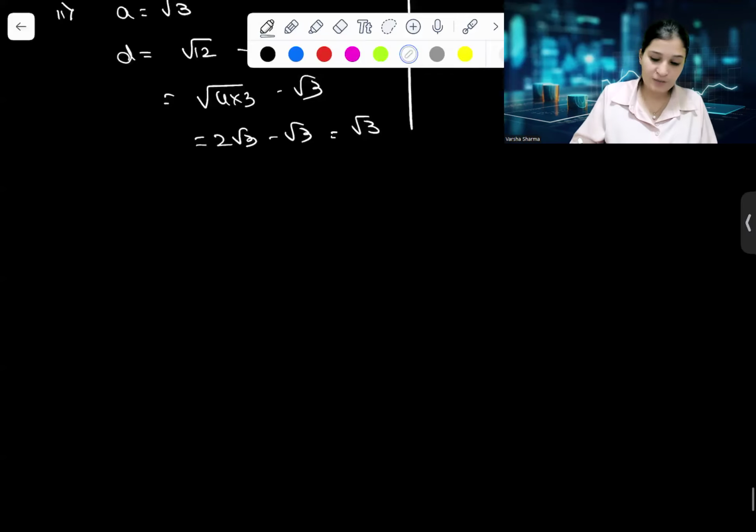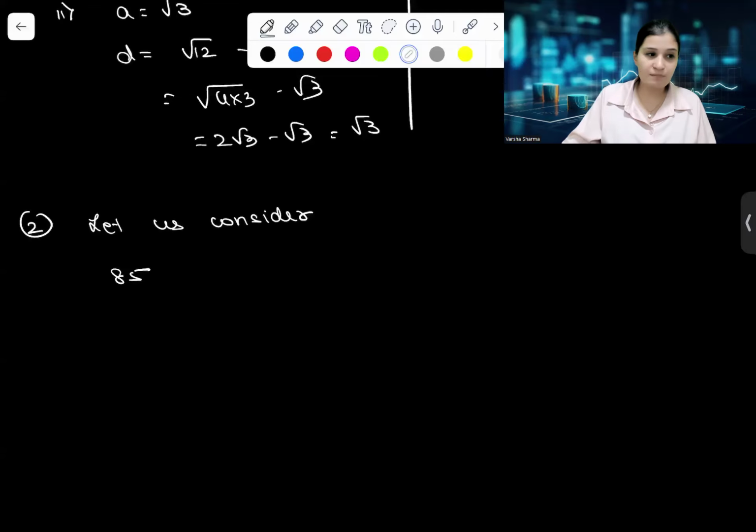Question number 3. Find the last term from the end. Whenever they ask us to find any number of term from the end, what we do is we reverse the sequence. Let us consider 85 comes as the first term, minus 5 comes at the last term. Before that, we have minus 2, we have 1, and so on.